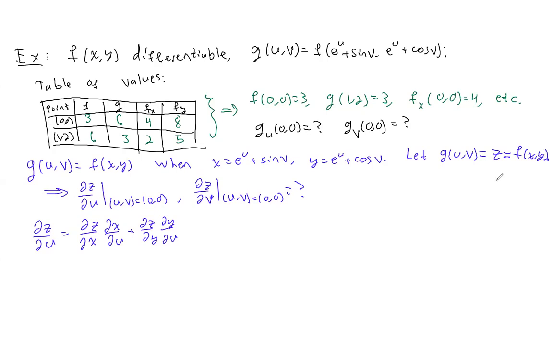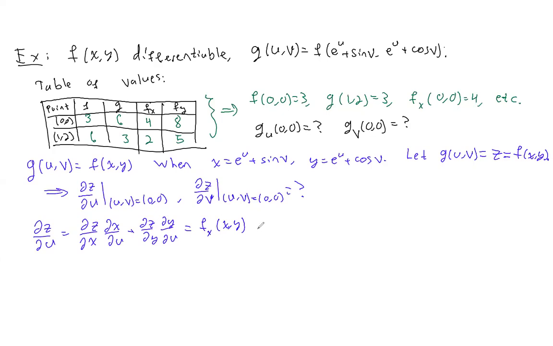Which means that if you're differentiating z with respect to x, what that really means is you're taking f_x of whatever x and y are at the point, f_x(x, y), times del x, del u.